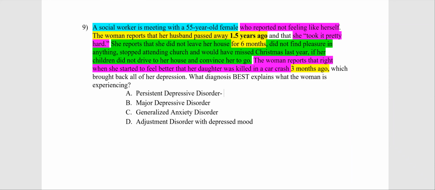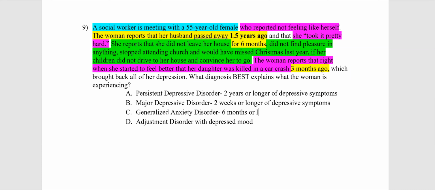So persistent depressive disorder is 2 years or longer of depressive symptoms. Major depressive disorder is 2 weeks or longer of depressive symptoms. Generalized anxiety disorder is going to be 6 months or longer.